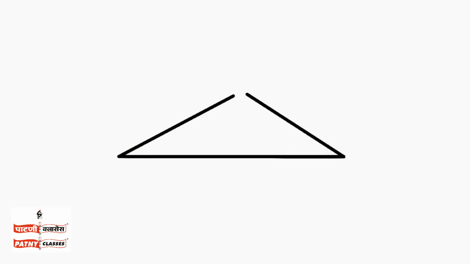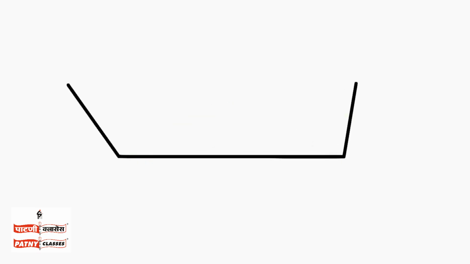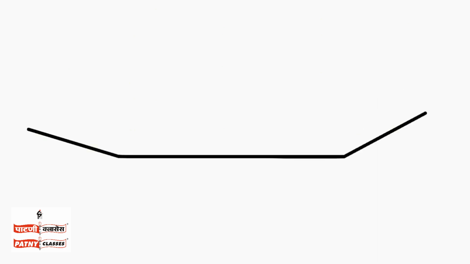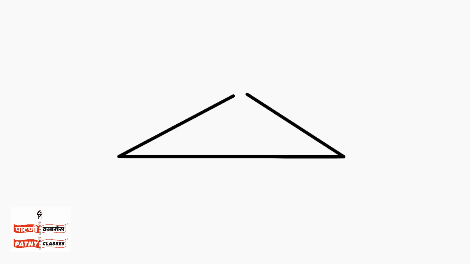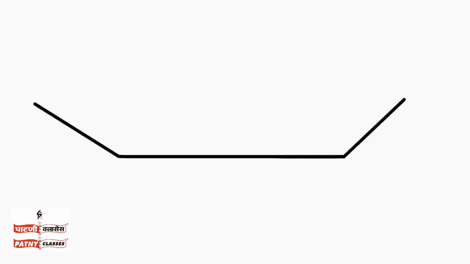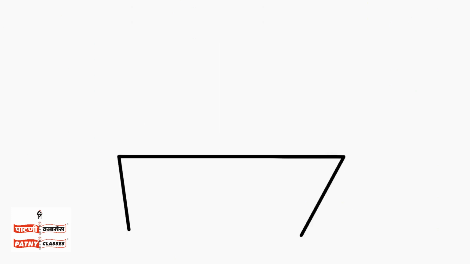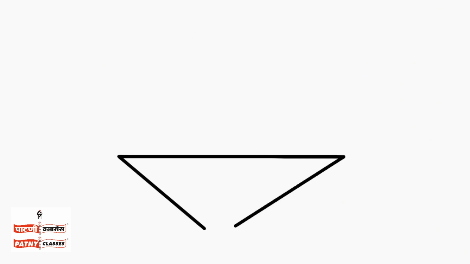Following animation is showing opening of a triangle and making all the three sides of the triangle collinear. Now point A, point B and point C lie in a straight line. Points A, B, C are called collinear points.